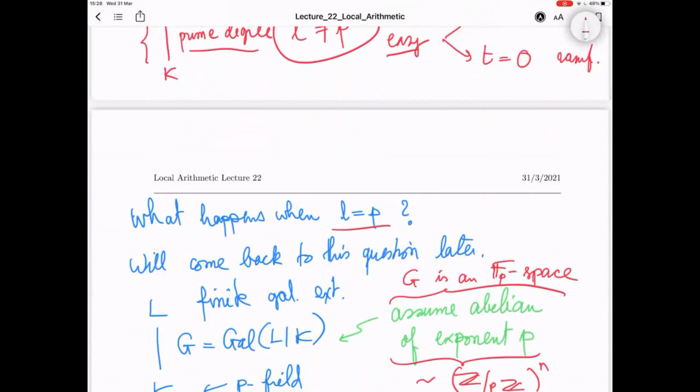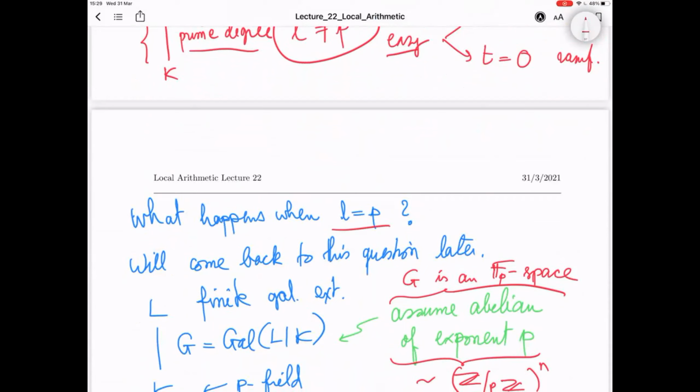The question arises as to what happens when L is equal to P. That's the most interesting case, of course. Often in number theory, you have two prime numbers floating around. If they are different, then things are relatively easy. If they are the same, then things are very, very complicated.